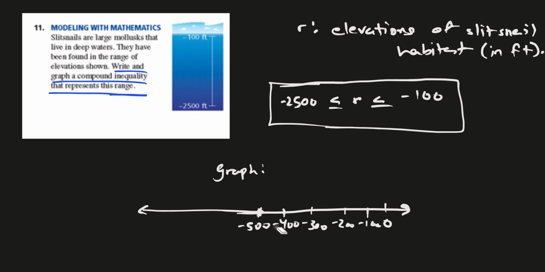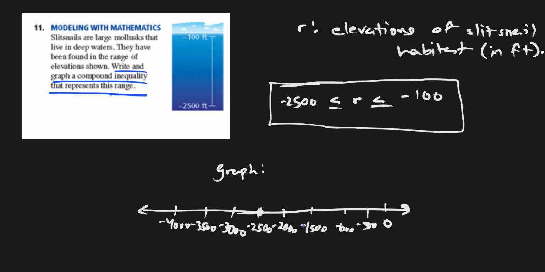Actually, I realized that I can't go by hundreds. Let me do this by 500. So negative 500, negative 1,000, negative 1,500, negative 2,000, negative 2,500, negative 3,000, and then so on. I'll just do two more. Negative 3,500 and negative 4,000.